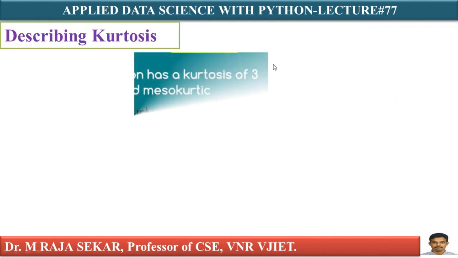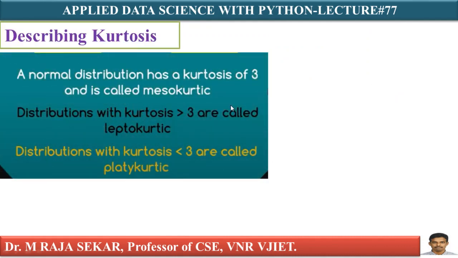Let me proceed further. Now, how can I describe kurtosis? Let me say it like this. Consider a Gaussian or normal distribution. In a normal distribution, extreme events are likely to occur. It is not that they are impossible.